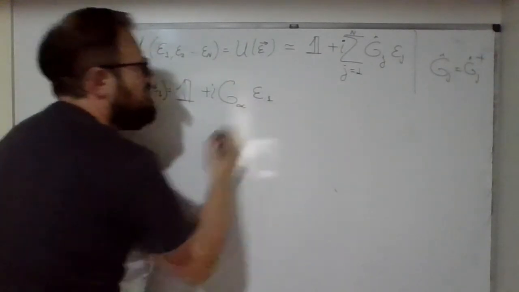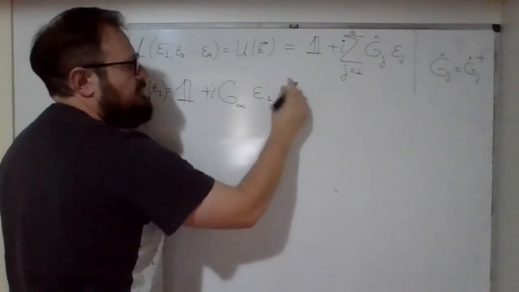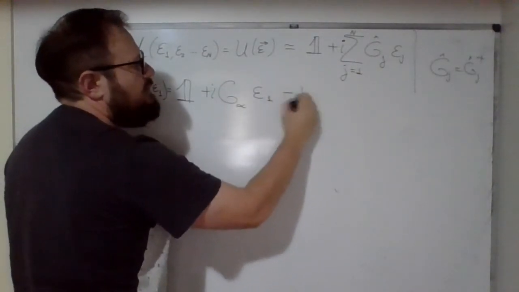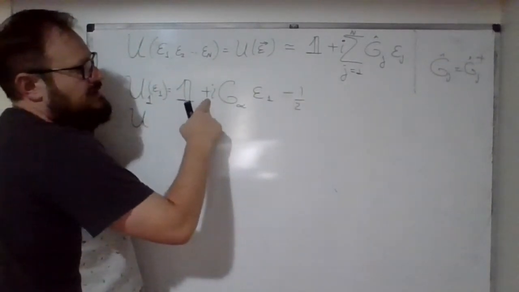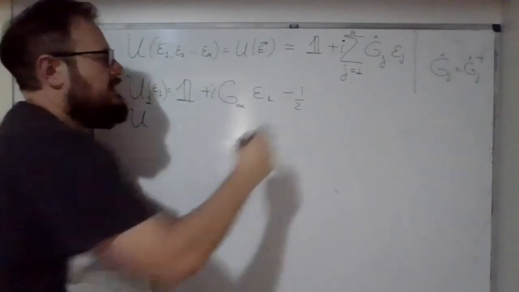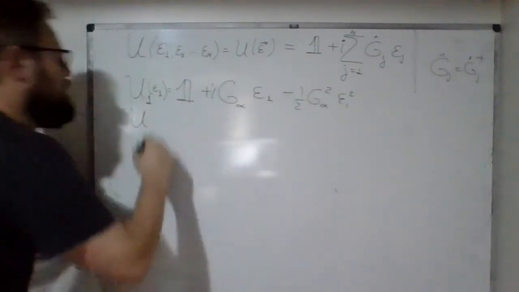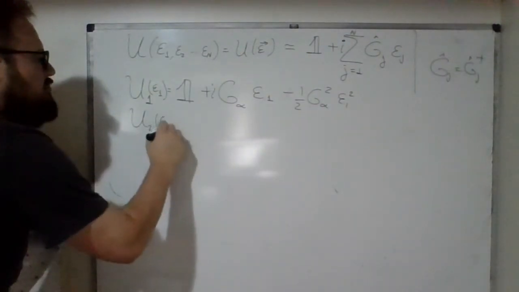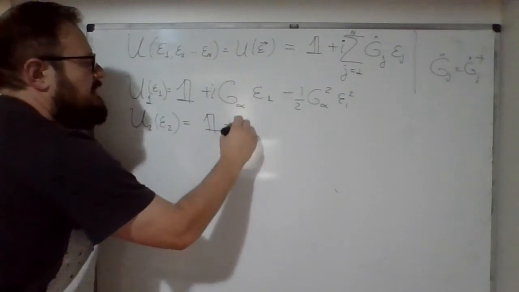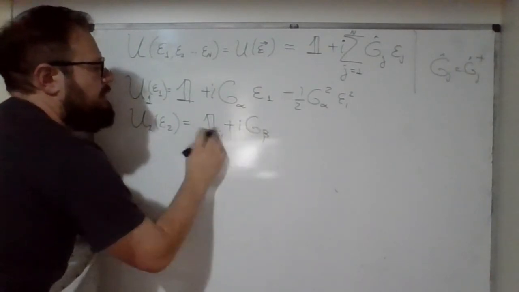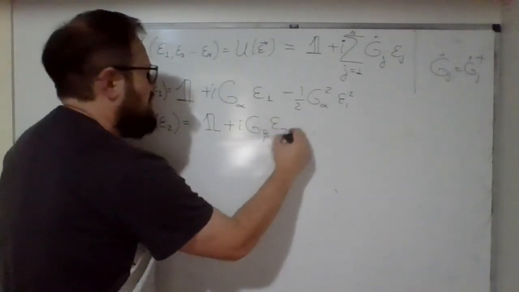So epsilon 1. Of course, I can go to higher order. So the next term will be minus 1/2 of minus, because this is squared, you get a minus 1. So the G alpha squared, epsilon 1 squared. And of course, I can perform a second transformation by another axis, say some beta axis, okay, by an angle epsilon 2.